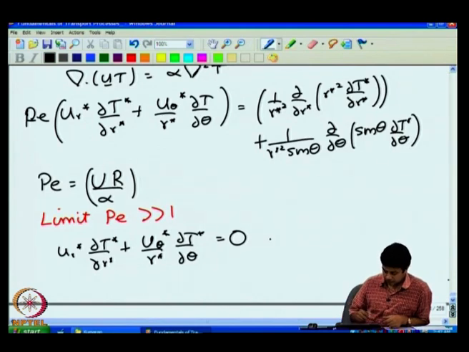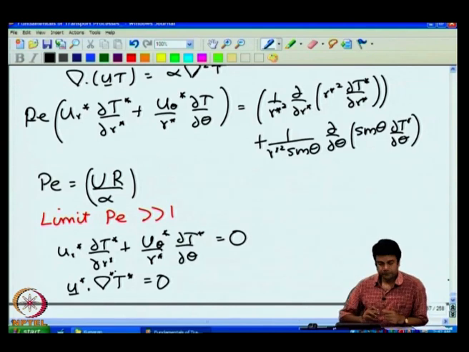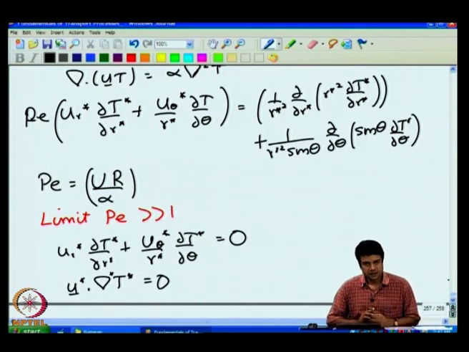One can also write this alternatively as u dot grad T is equal to 0. So, what this says is that the gradient of T along the velocity is equal to 0. Temperature does not vary along streamlines.